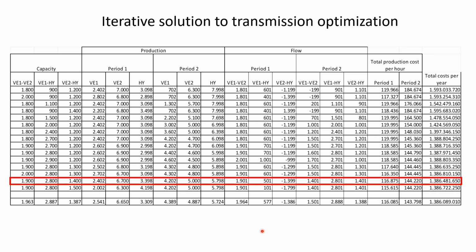So if you, for instance, want to calculate the optimum capacity of a line between two areas in a system, you can use the power market simulator and change the capacity of these lines until you get an optimum.